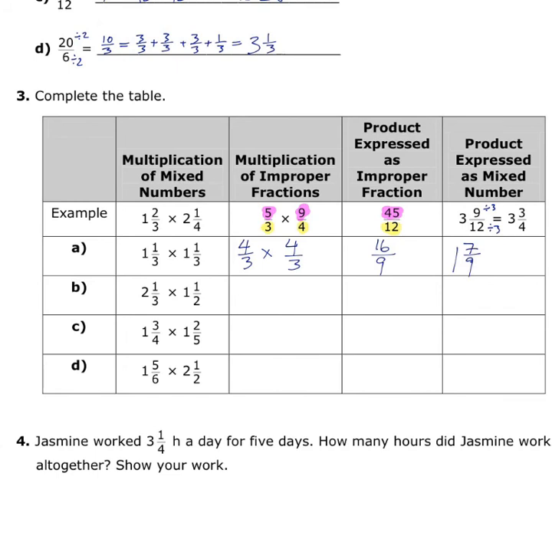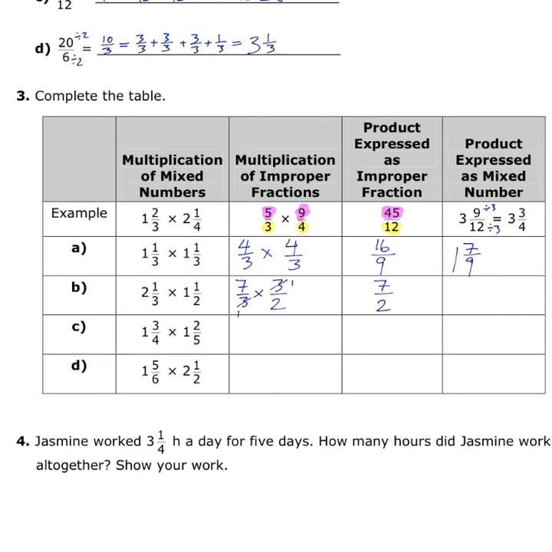Next one, we've got 2 1/3. So we've got 2 times 3 is 6 plus 1, 7/3, and we're multiplying here by 1 1/2, which is 3/2. Now, rather than multiply and then simplify, I'm going to be smart about this, and I'm going to divide this by 3 and that by 3, and I'm going to end up with 7 times 1 is 7, and 1 times 2 is 2, 7/2.